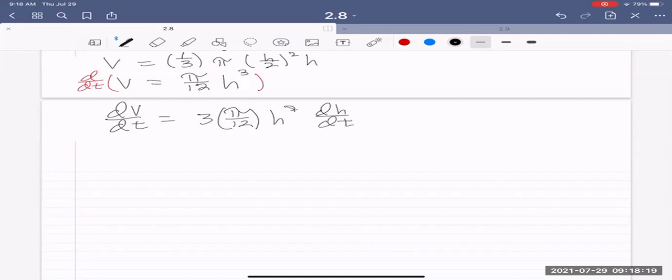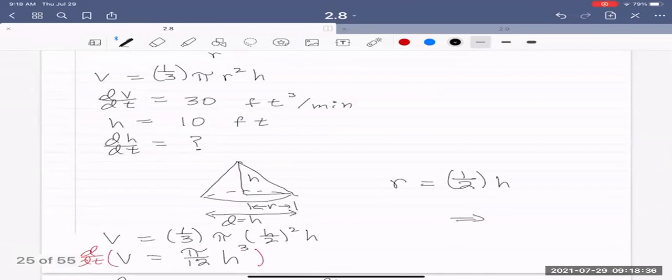This is the general power rule. Well, dV/dt is 30. 12 divided by 3 is 4. And the height is 10.